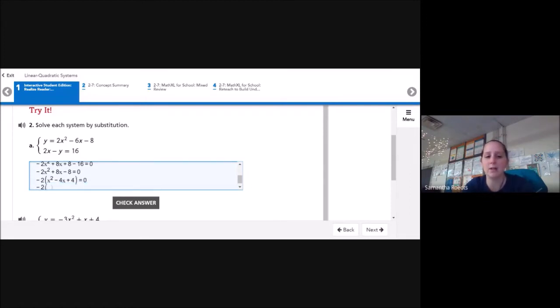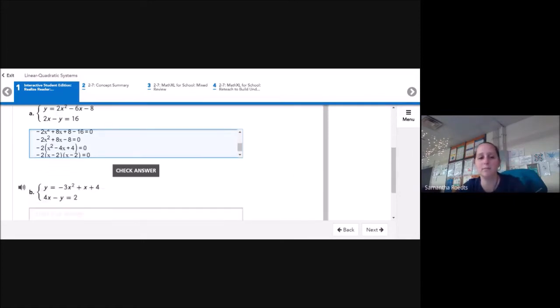And that factors into x minus 2 times x minus 2 equals 0, or x minus 2 squared. So when I solve each of these, negative 2 equals 0 doesn't work. So I have x minus 2 equals 0, so x equals 2.